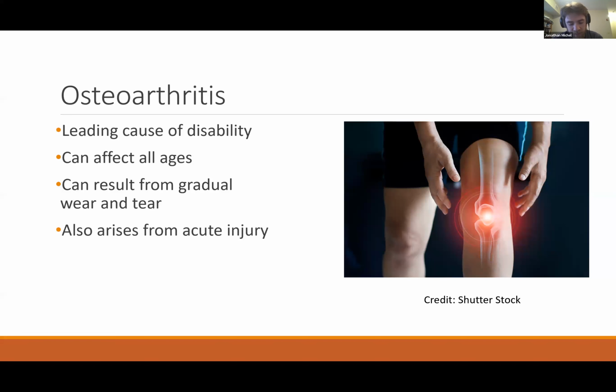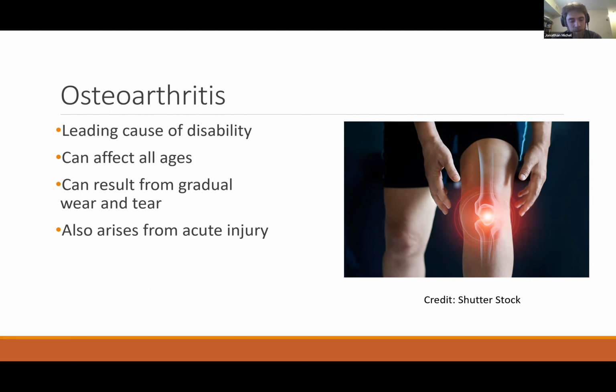Now, once it does happen in our later adulthood, we have limited ability to regenerate this tissue, and this has become a leading cause of disability and loss of quality of life and loss of productivity.